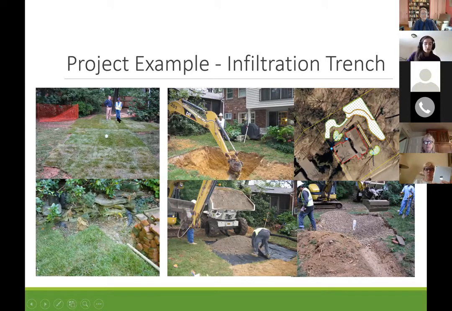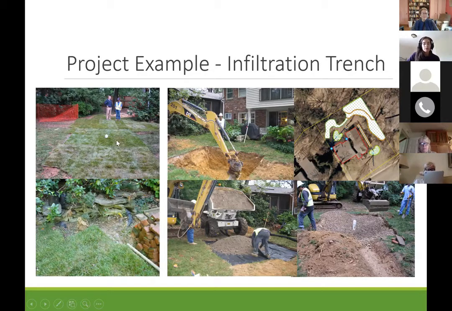Again, this is sort of the end product here; you can see digging down to create that. Some downspouts were routed in here. That's that observation well I talked about, to keep an eye on how things are going and draining down. But this was just turfed over. So the solution, like I said, you might not even know that it's there in the landscape, doing a lot of good for you.